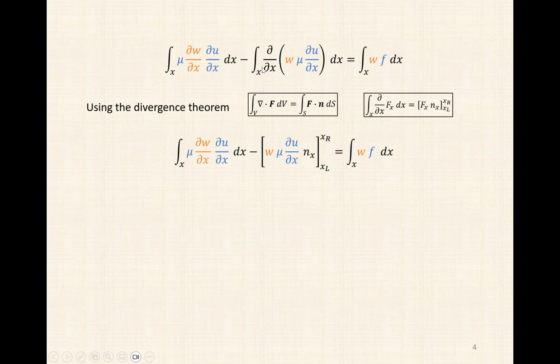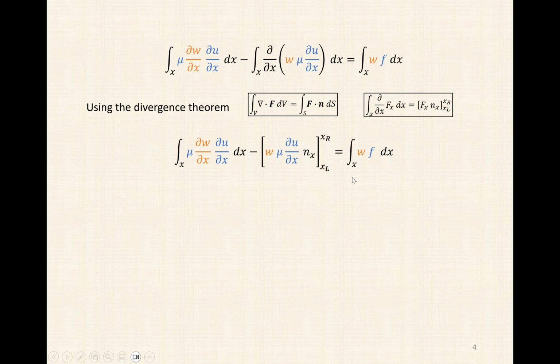Now this integral becomes just the application of the upper and lower limits for the term inside the bracket. So w mu ∂u/∂x multiplied by n_x. This term is the x component of the vector f, multiplied by n_x, and we have the limits x_l and x_r.